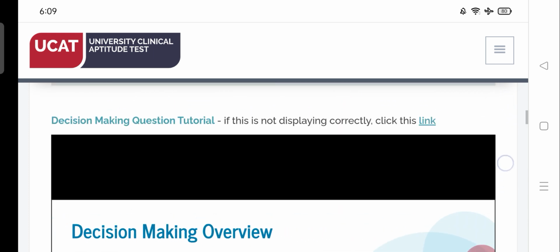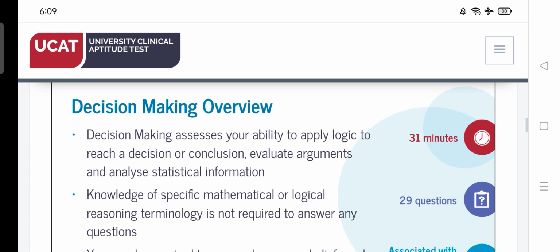So let's start with the overview of decision making. Decision making assesses your ability to apply logic to reach a decision or conclusion. It evaluates arguments and analyzes statistical information.